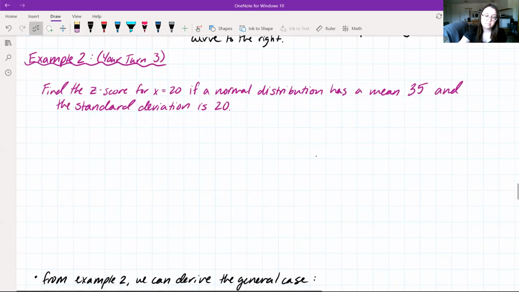All right, so now for example 2, and this is going to be your turn number 3 in your book. And we want to find the z-score for x equals 20 if a normal distribution has a mean of 35 and the standard deviation is 20.